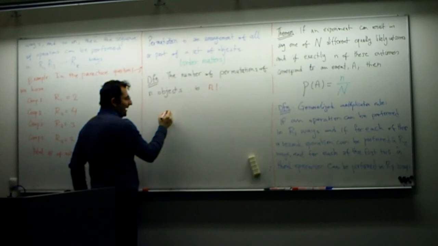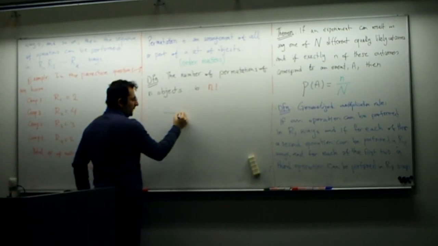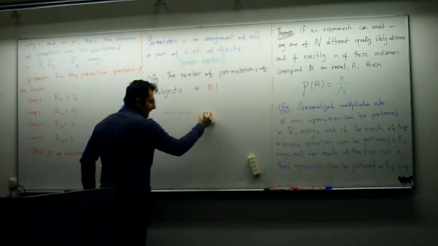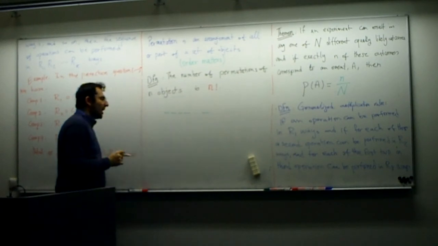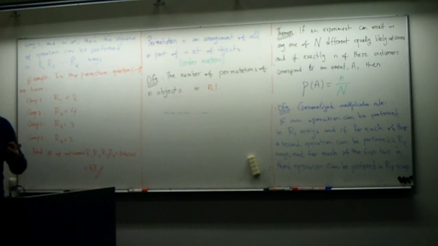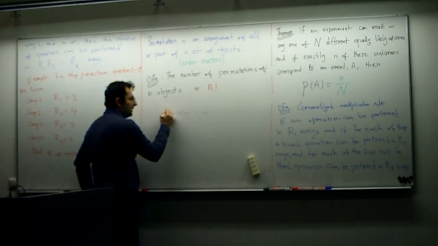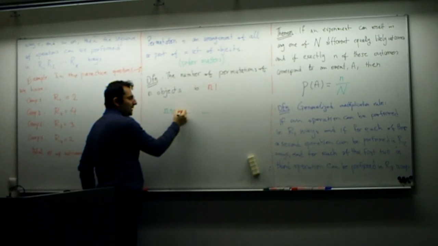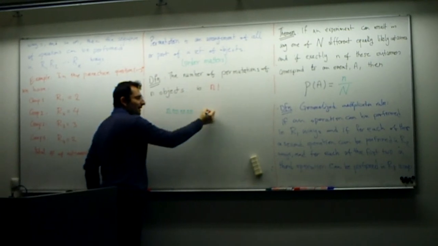Imagine we have n choices, 1, 2, 3, 4, till n. At the beginning, how many choices do I have? N. Then how many choices do I have here? N minus 1, n minus 2, n minus 3, till at the end I have 1.